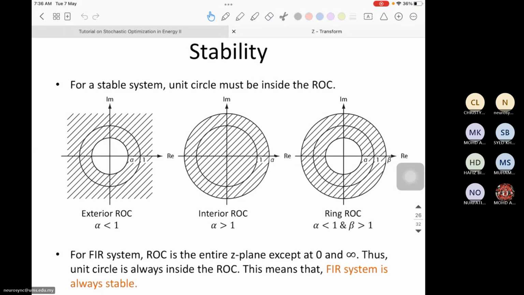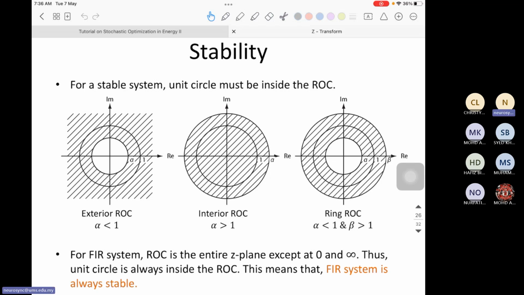Okay, so in this picture, you can see these are the different ROC structures. Here, the unit circle is also plotted in the Z plane.